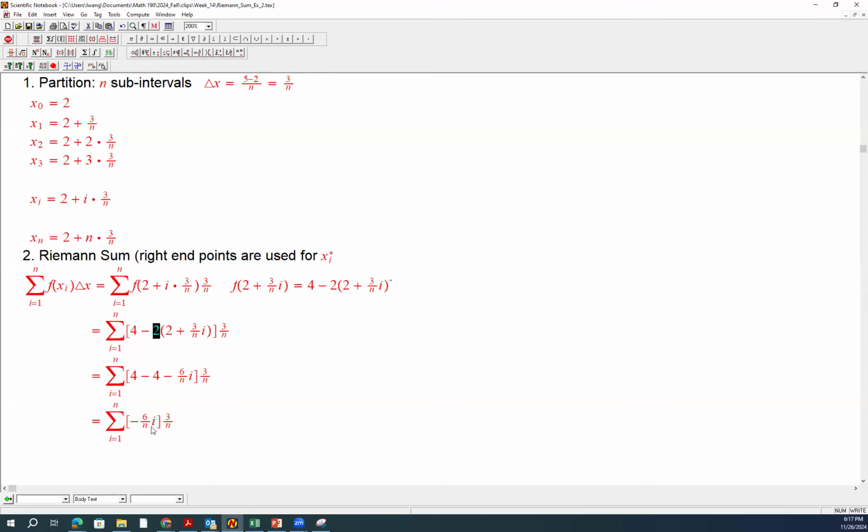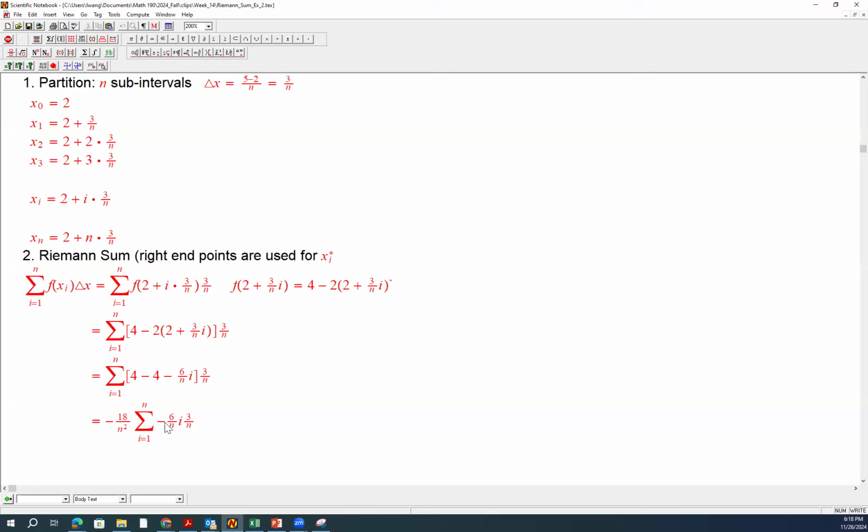Next, we're going to simplify. We only have one term in the bracket, so we're going to multiply. Negative 6 times 3 over n times n. That part has nothing to do with i, so we get 18 over n squared taken out.